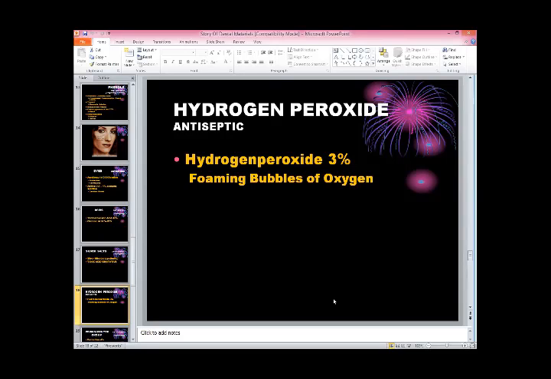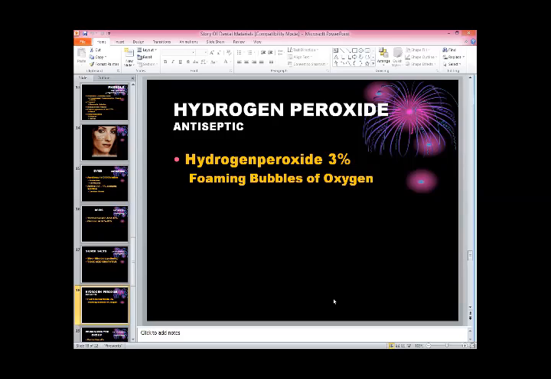And we use this compound in the irrigation of the root canal also, disinfecting the root canals. Because in deep root canals, or old affected canals, there is a chance of anaerobes also.